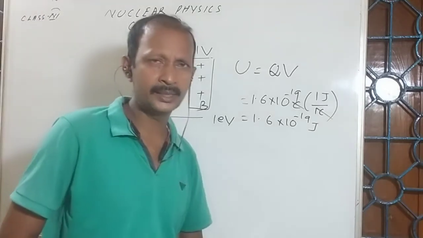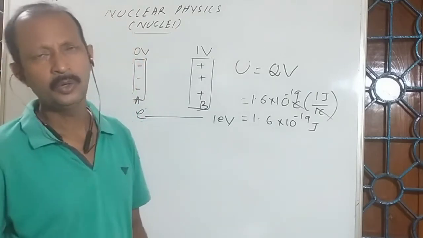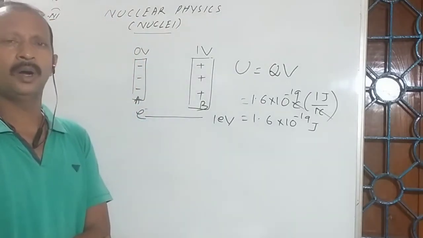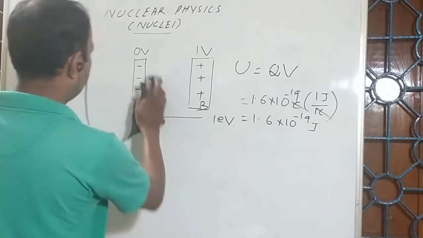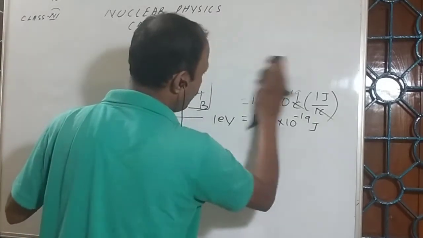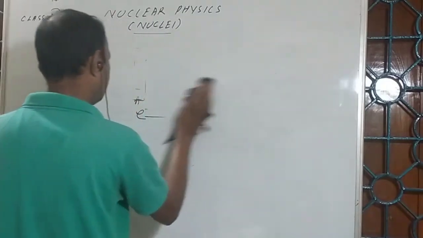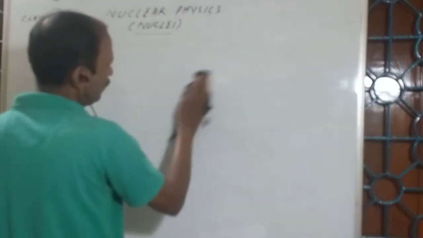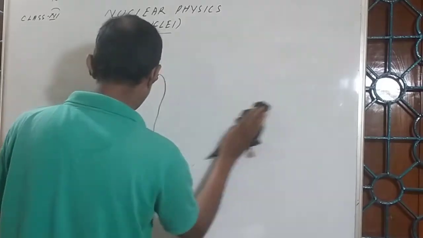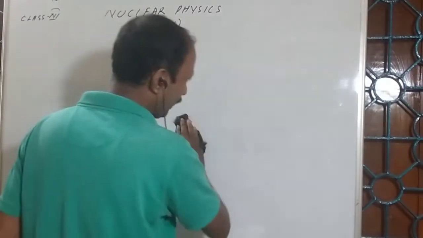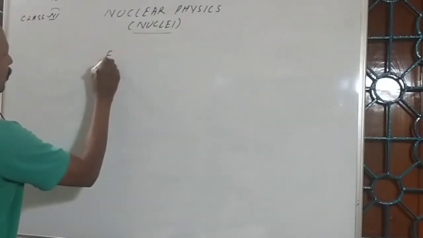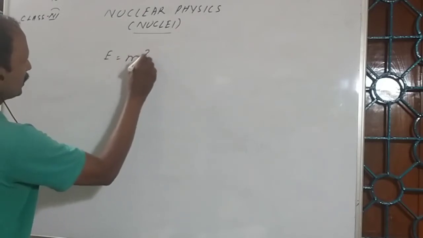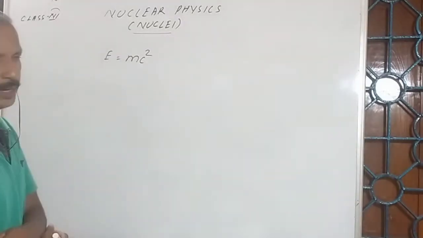So I said that in nuclear physics we express the mass in energy form. For example, I want to convert the mass of an electron into its equivalent energy. So definitely I shall take the help of the formula E equals mc squared.